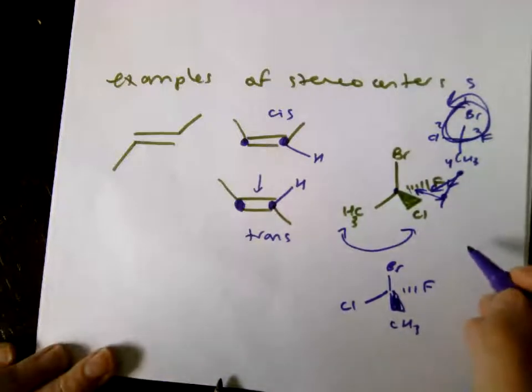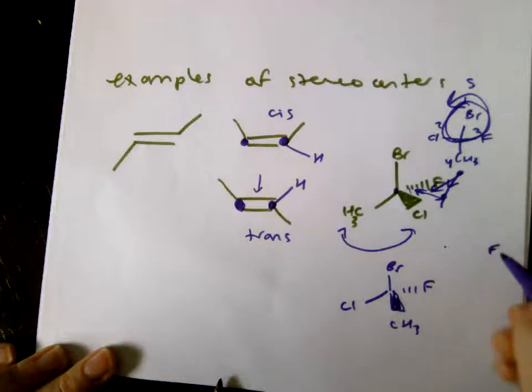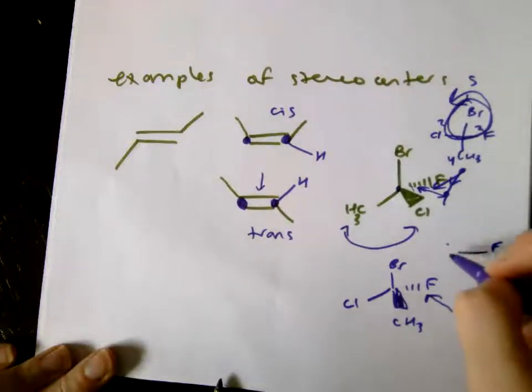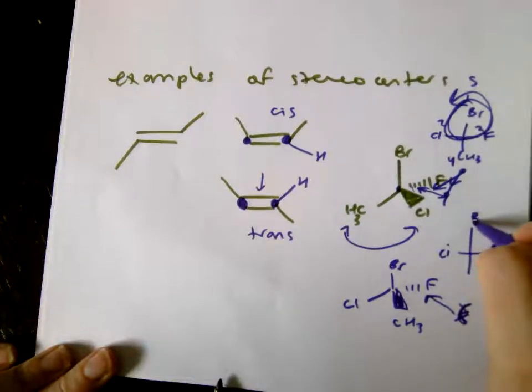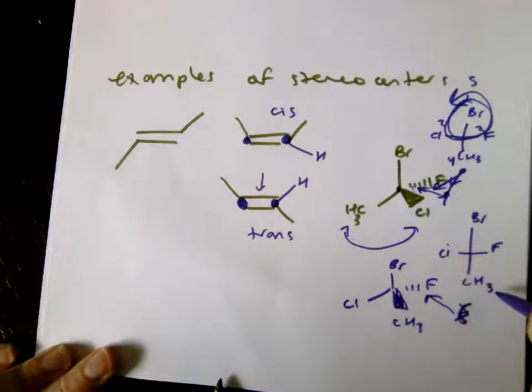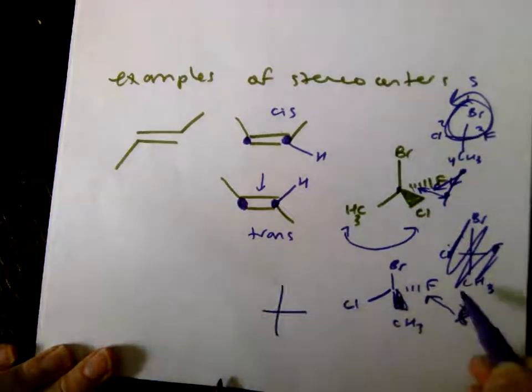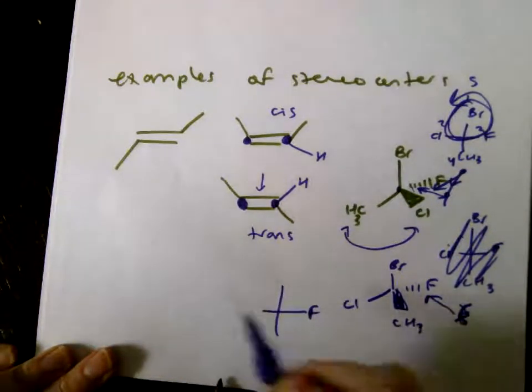And then here on this one, again, I'm looking at it from right here. So this is where my little person is. Chlorine, and then bromine, and CH3. Oh, wait, no. I was drawing that one again. Fluorine here.